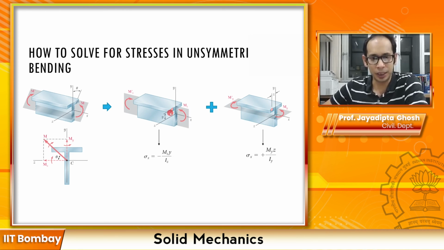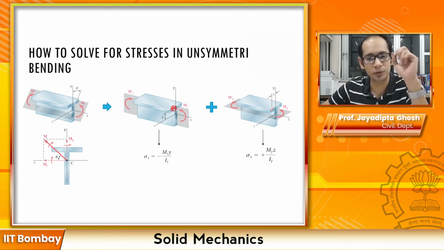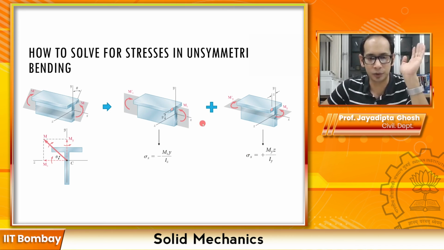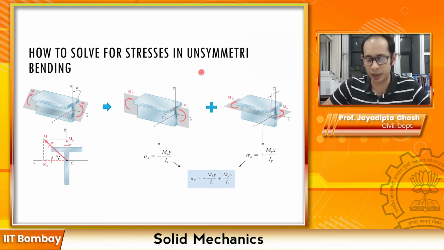So essentially the total stress at this particular point must be a summation of this stress and this stress, because I have resolved this moment into this and this, and for the same point. This again boils down to the principle of superposition. So for the individual ones I'm computing, and then I'm finally going to add it up. So if I add it up over here, this is what I get. So this is important.